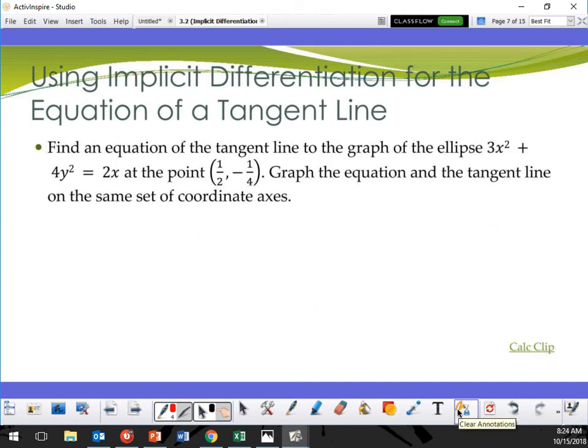Okay. Find an equation of a tangent line to the graph of the ellipse 3x squared plus 4y squared equals 2x at that point. Hey, didn't we already do the derivative of that? We did, didn't we? And my derivative dy/dx was?